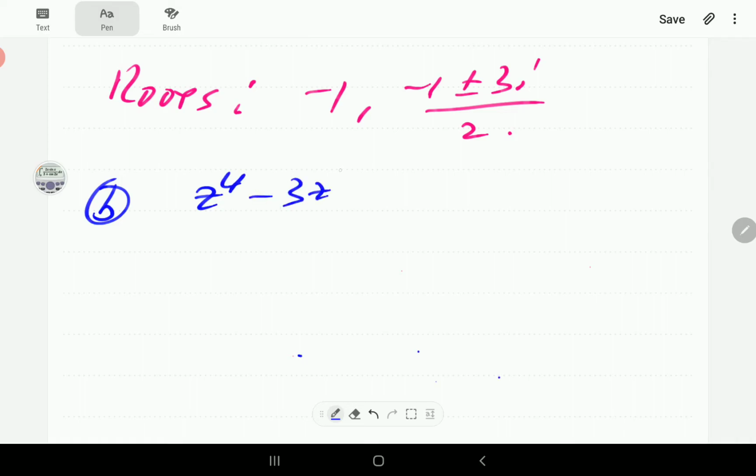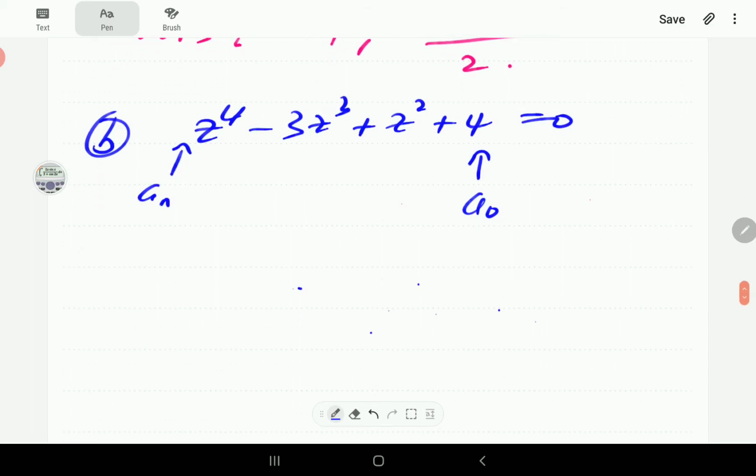The equation is z to the 4 minus 3z cubed plus z squared plus 4 equals 0. Our a naught is equal to 4, and our an is equal to 1.